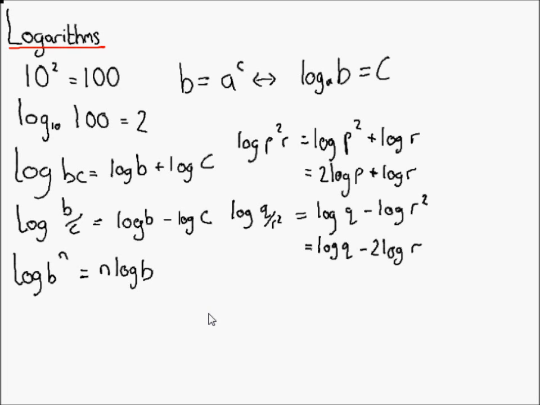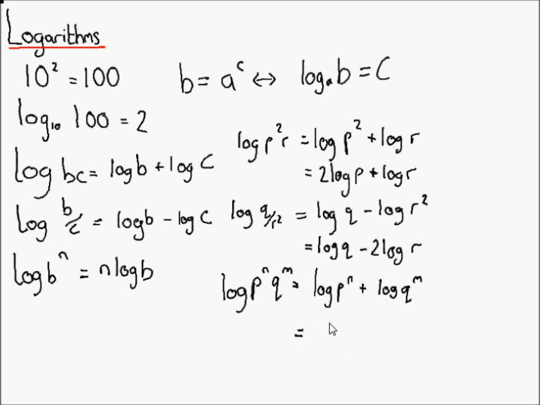Now, we could have more than one index here. Let's say for instance we have log p to the power of n multiplied by log q to the power of m. This is equal to log p to the power of n plus log q to the power of m.